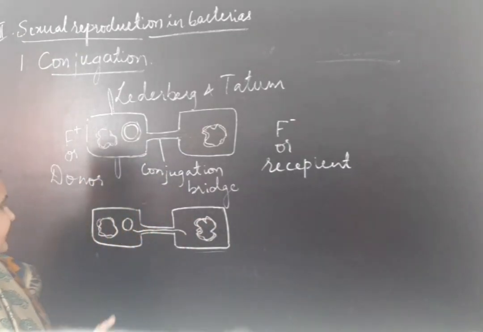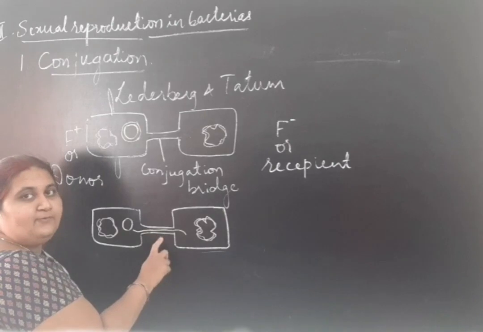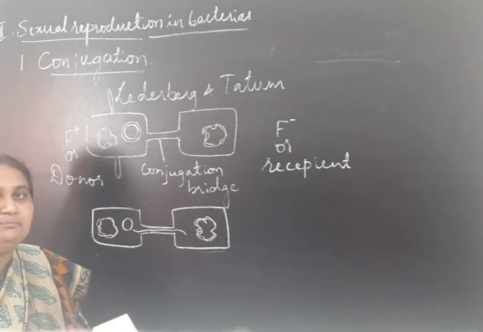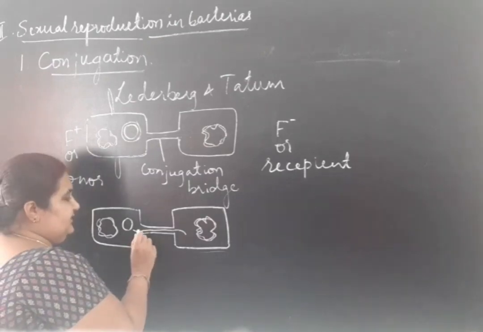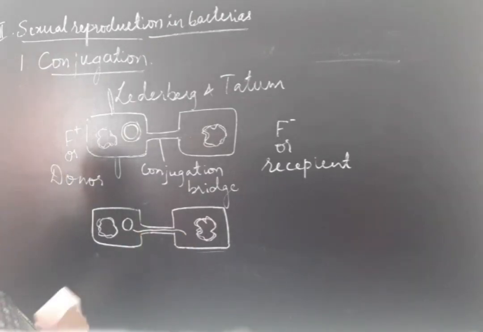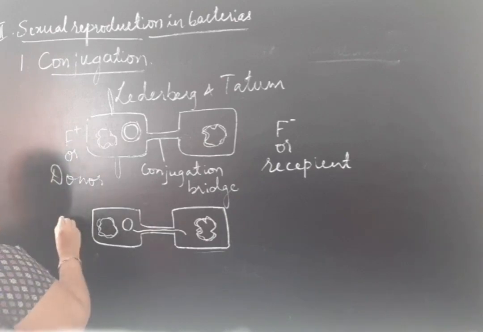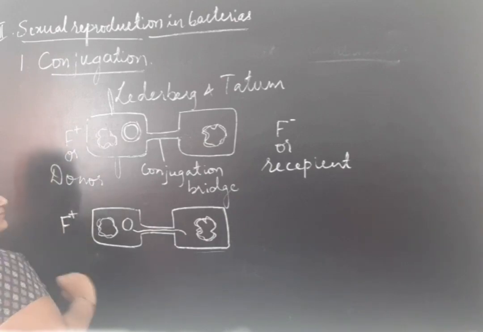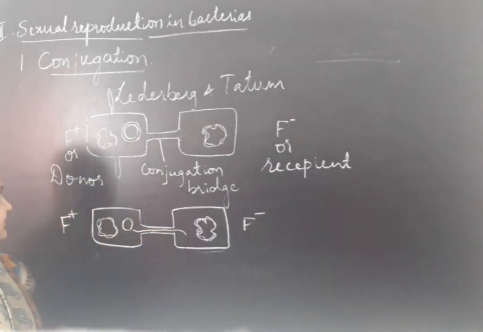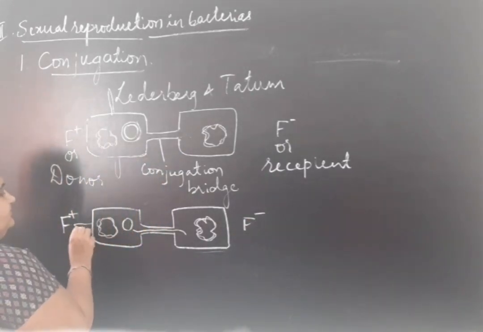So you can find here, by the help of the conjugation bridge, the replicated plasmid, a genetic material, the DNA, will be transferred to the F minus bacterium. From the F plus bacterium, it will be transferred to the F minus bacterium.